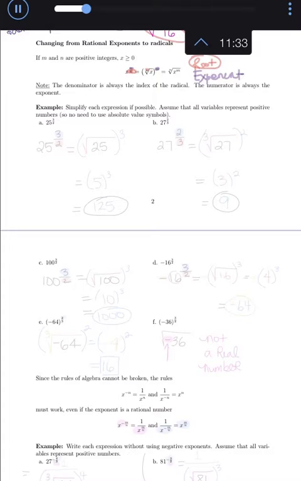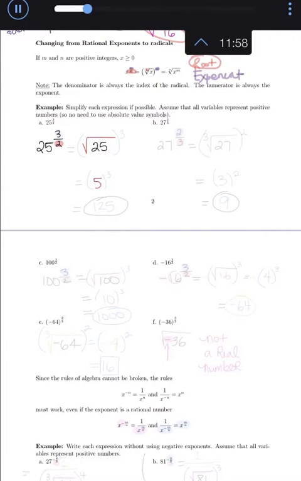In the first example, we have 25 to the 3/2. Focusing on the type of root first, we see a 2 on the bottom, which means a square root of the 25. We already know that the square root of 25 is 5. We're half done.